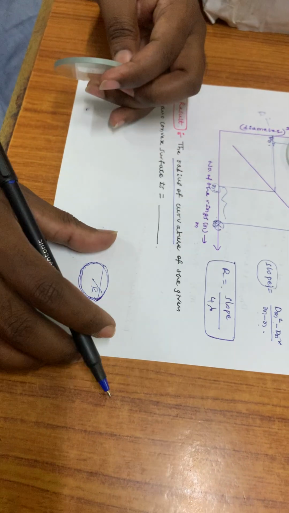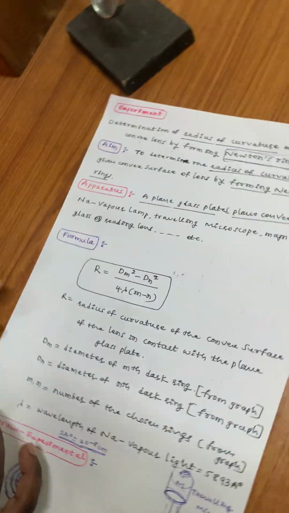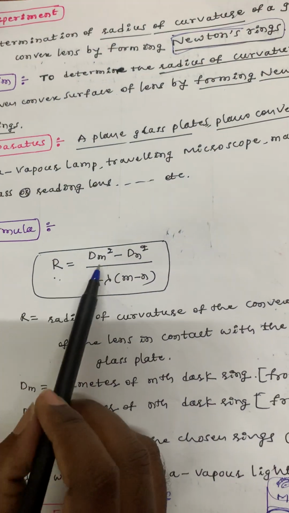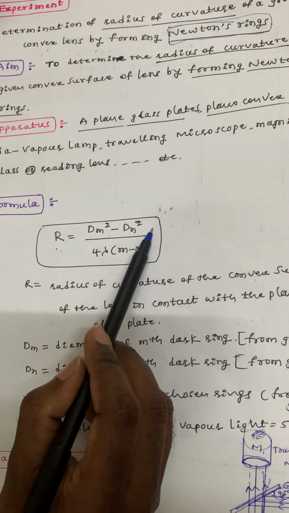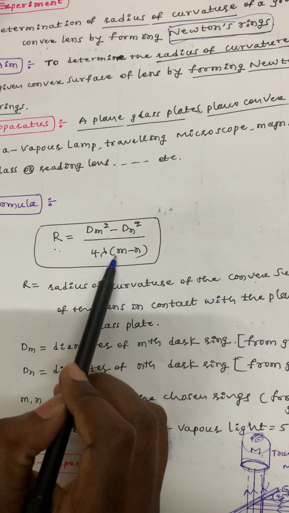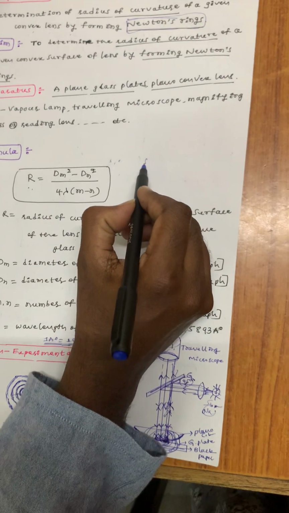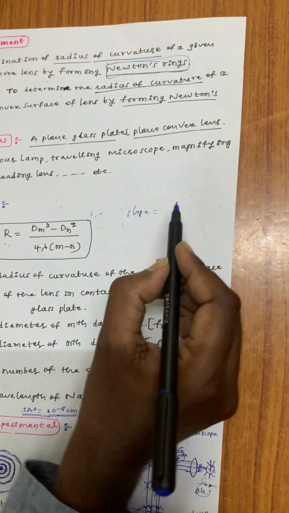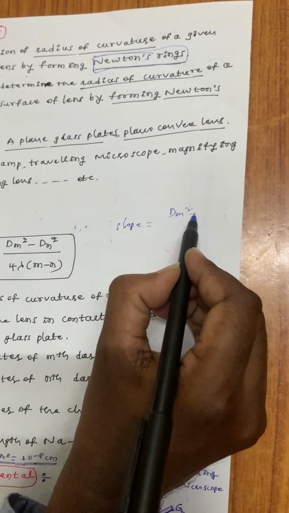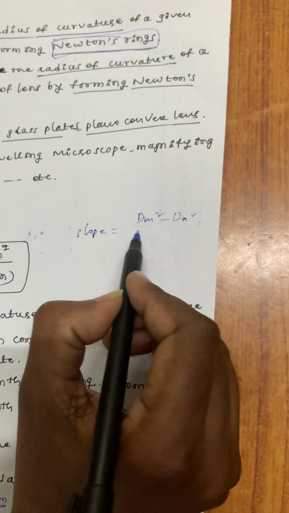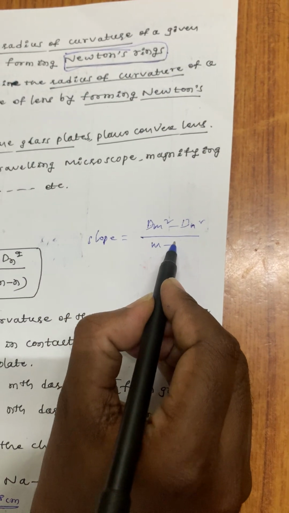How do we calculate? We know the formula. What is the formula? R is equal to dm square minus dn square divided by 4 lambda into m minus n. But we know the slope is dm square minus dn square divided by m minus n.